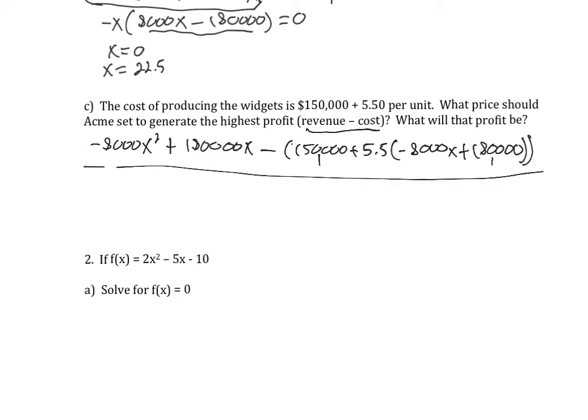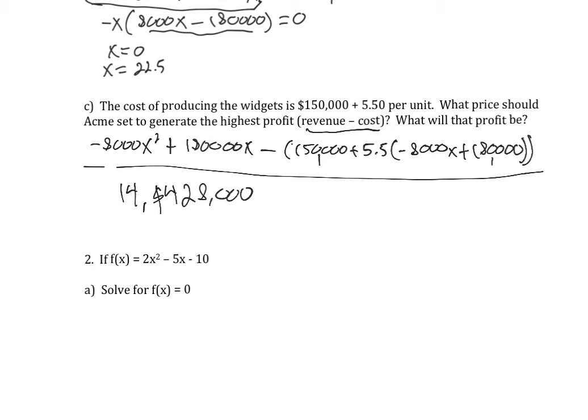So when we graph this, you're going to find that the x value is going to be equal to 14. That's going to be the vertex for this particular graph. And we're going to end up with a profit of $428,000. Okay.